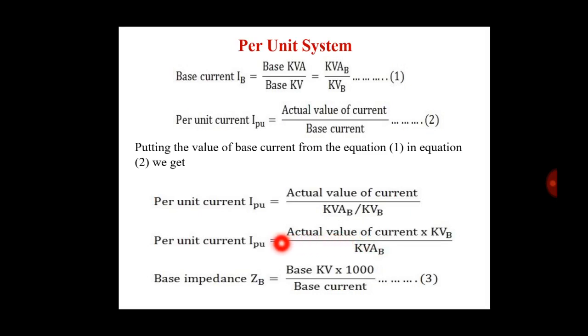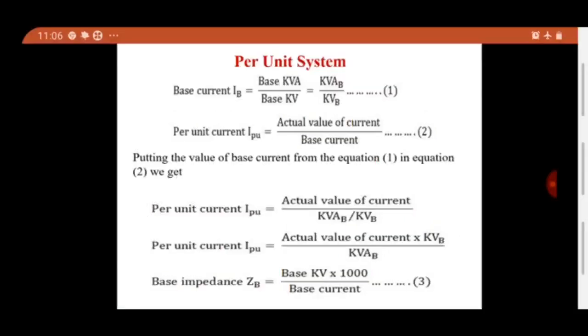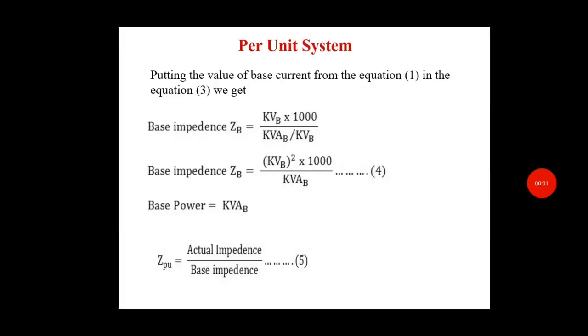Next, putting the value of base current from equation number 1 in equation number 3, we get ZB is equal to kV base into 1000 divided by the base current, kVA base divided by kV base. Now base impedance ZB is equal to kV base square into 1000 divided by kVA base, since kV goes to the upside. Base power is equal to kVA base.